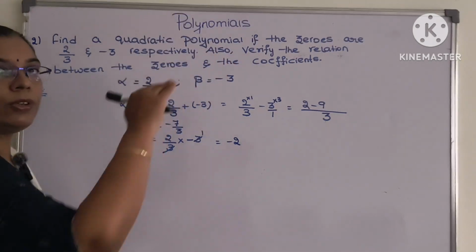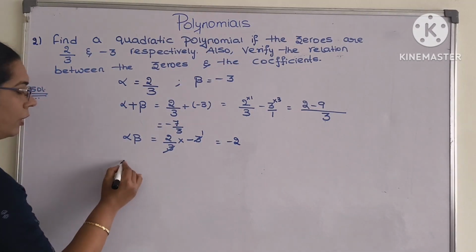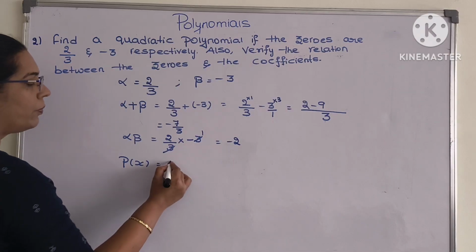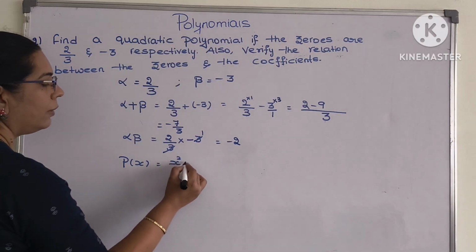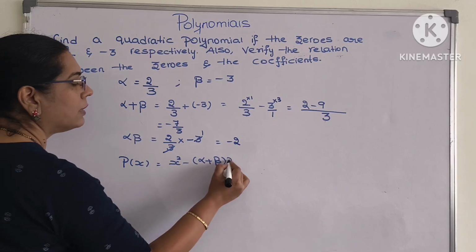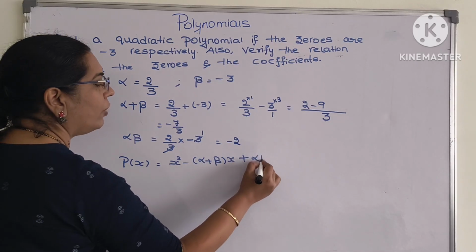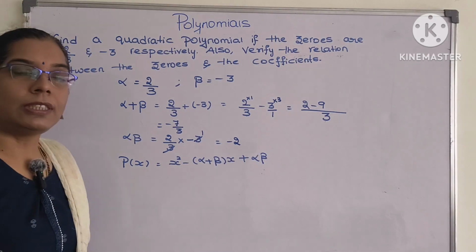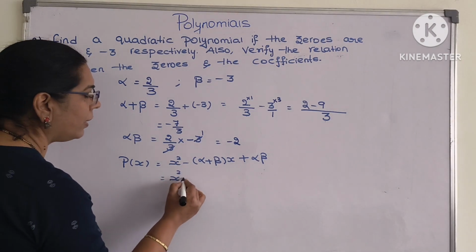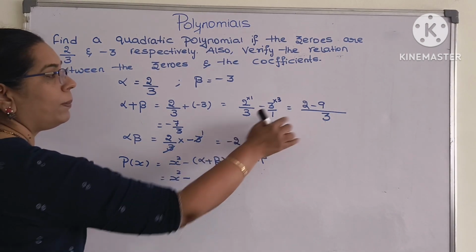Now what do we have to do? We have to frame the quadratic polynomial. So P of x is equal to x square minus alpha plus beta into x plus alpha beta. This is how we will frame it. Substitute the values. x square minus, what is alpha plus beta?